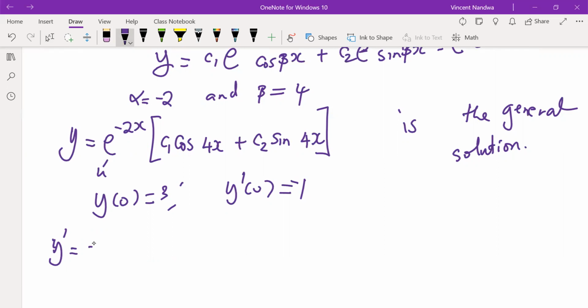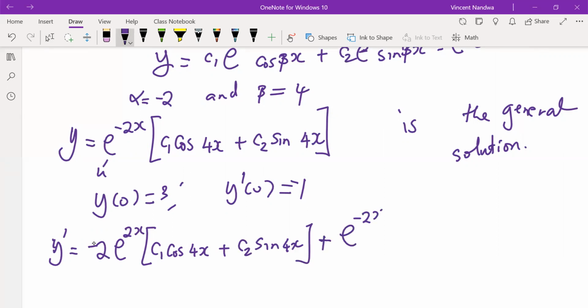So u prime is minus 2 e raised power minus 2x times v, c1 cos 4x plus c2 sine 4x, and then plus u, which is e raised power minus 2x, times v prime. Differentiating this, we get minus 4 c1 sine 4x plus 4 c2 cos 4x.